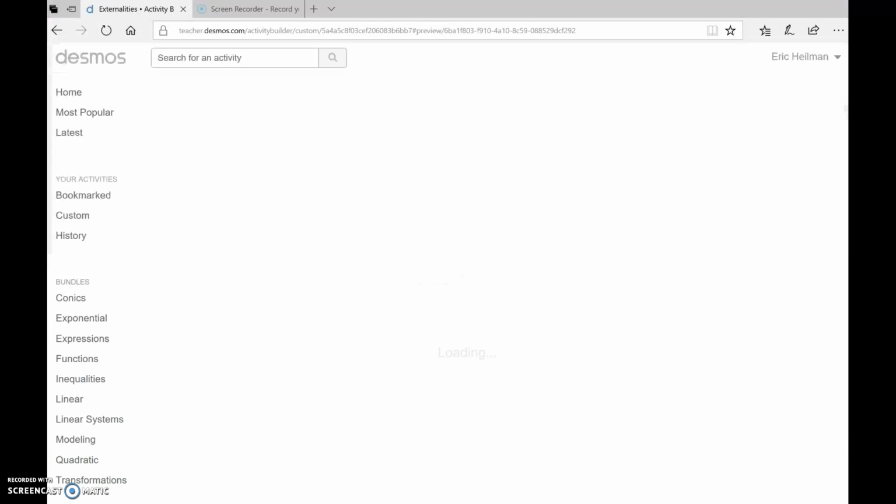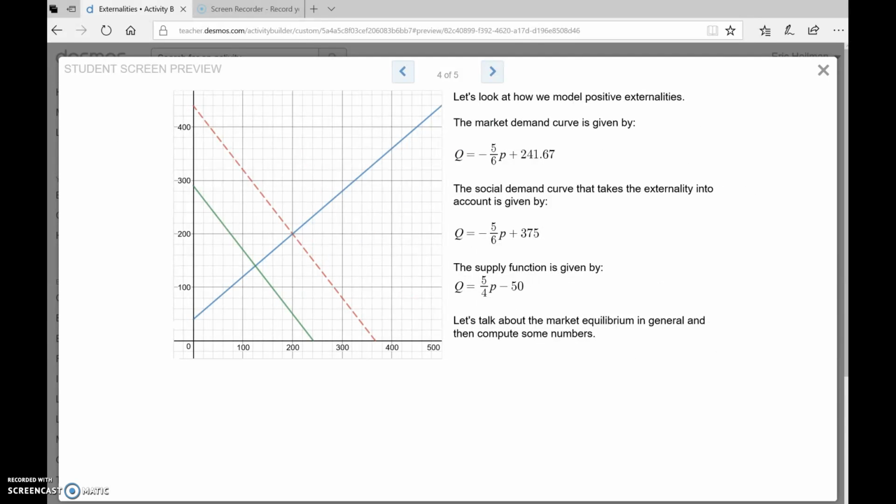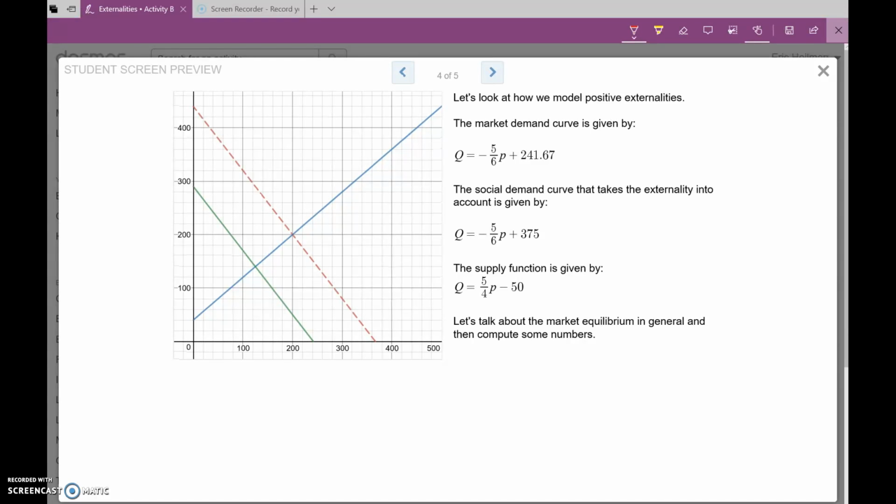So let's actually look at some numbers and some spiffier graphs. So here, this is an actual model of a positive externality. The market demand is given by this equation here. It's the green line. And then the social demand curve, the demand curve that takes into account the positive impact of the externality, that's the red dotted line.